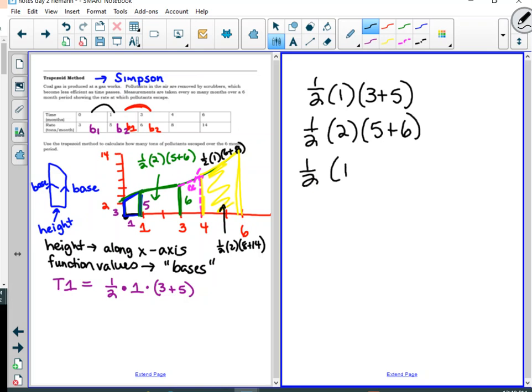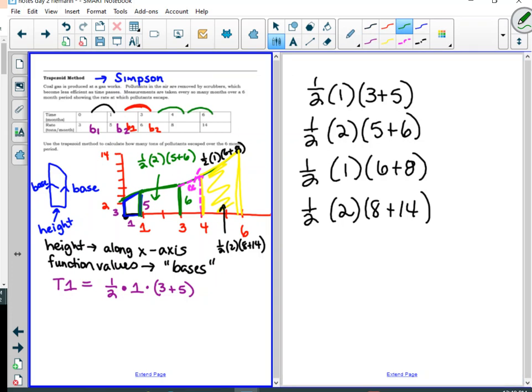And then 1/2, 1, 6 plus 8. 1/2, 2, 8 plus 14. It's 4 trapezoids because I basically had 4 intervals: 0 to 1, 1 to 3, 3 to 4, 4 to 6. In this case, the intervals happen to change lengths.